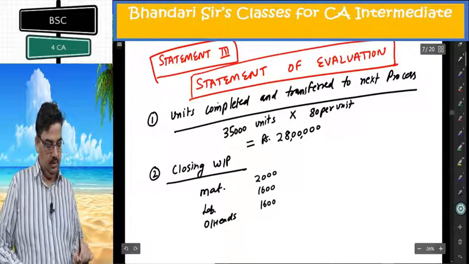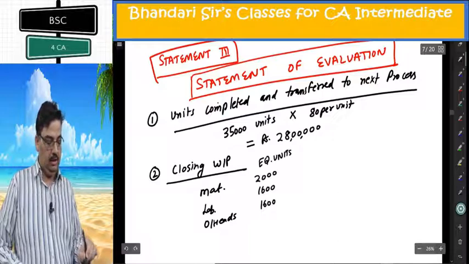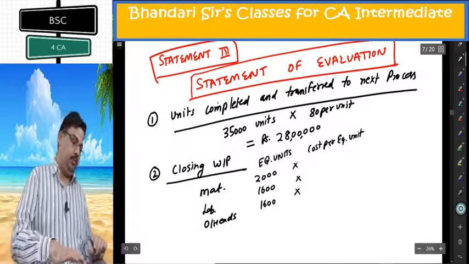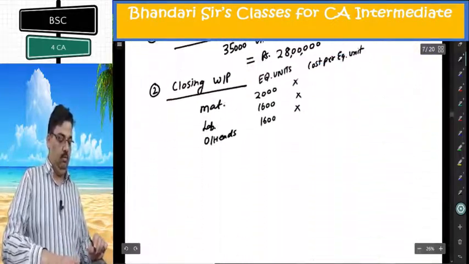Equivalent units multiplied by cost per equivalent unit. We computed 40, 10, 30.